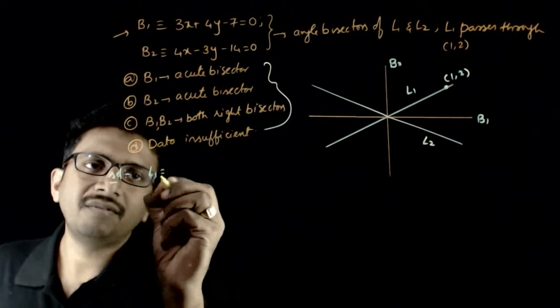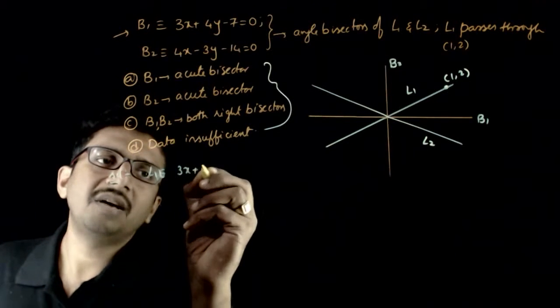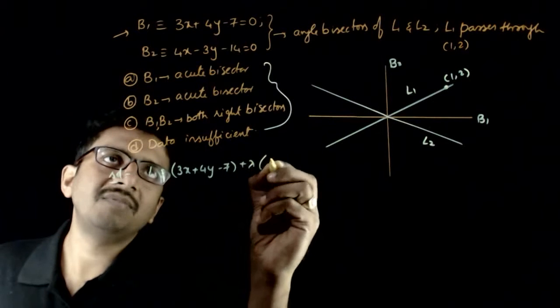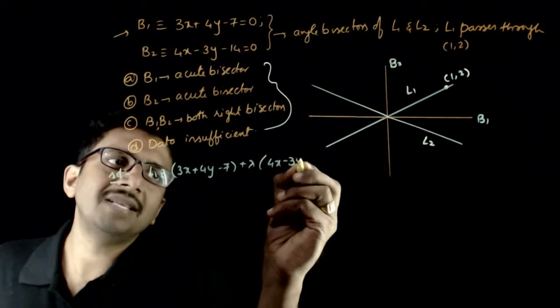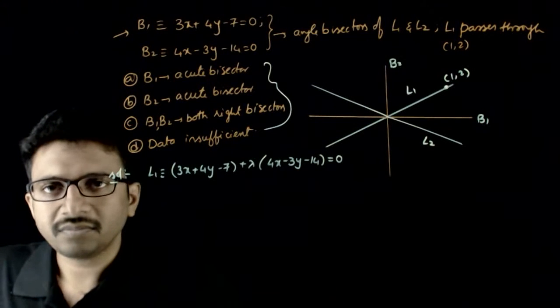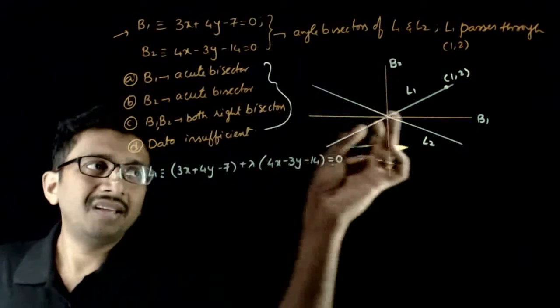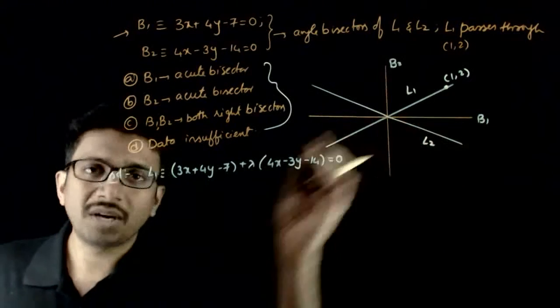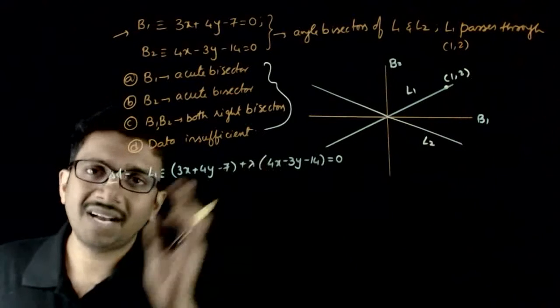So my L1 will be of the form 3x + 4y - 7 + lambda times (4x - 3y - 14) = 0, and L1 has to pass through (1, 2). Using this condition I can find lambda.